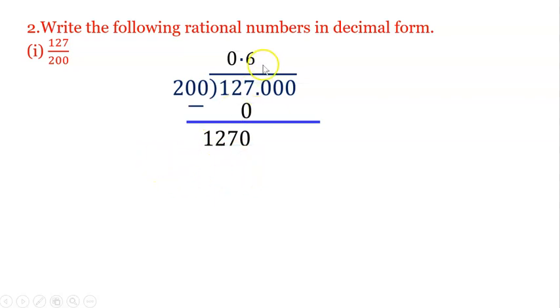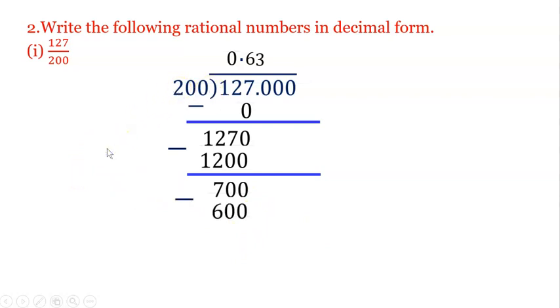Now 200 into 6 gives 1200. Subtraction gives 70. Again put one more 0 on 70. The number becomes 700. 200 into 3 gives 600. 700 minus 600 gives 100. Again a 0, and the number becomes 1000.